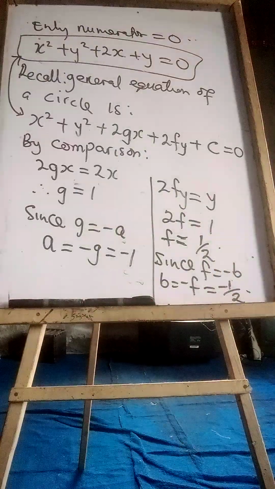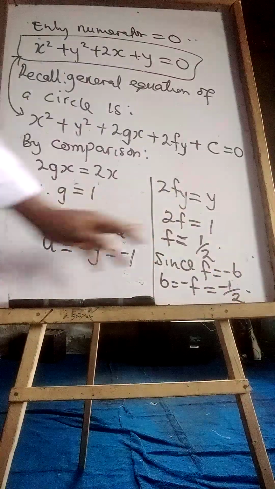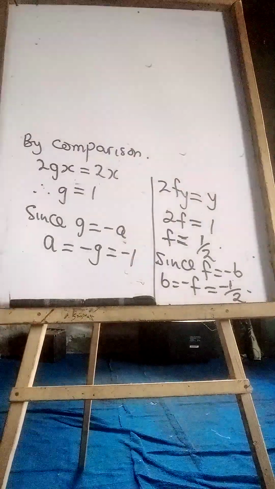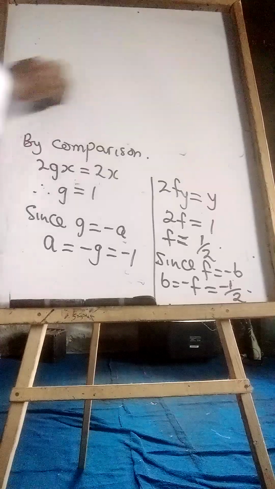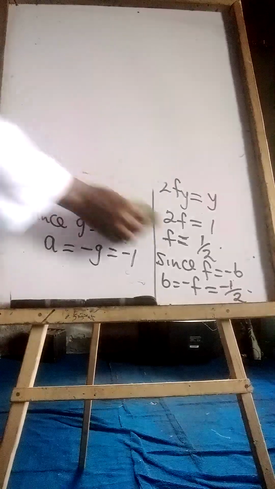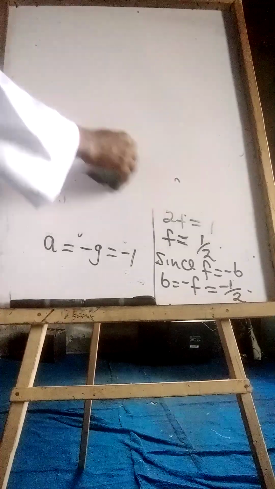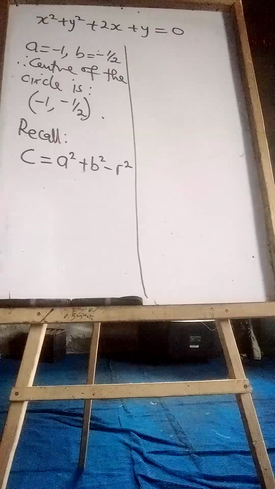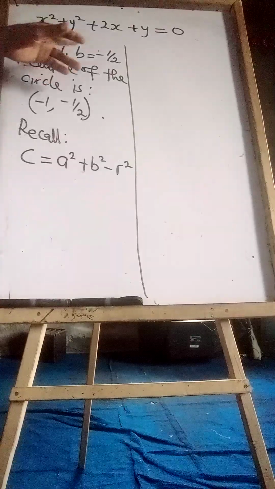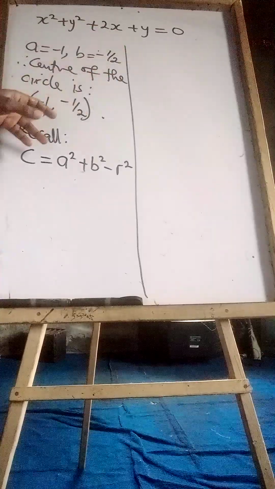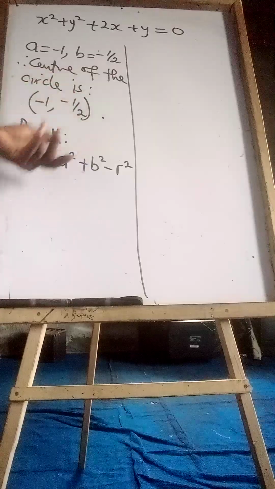So we have been able to get the coordinates of the center. Now, we have known that a is negative 1, b is negative half. So the center of the circle is minus 1 comma minus 1 over 2.